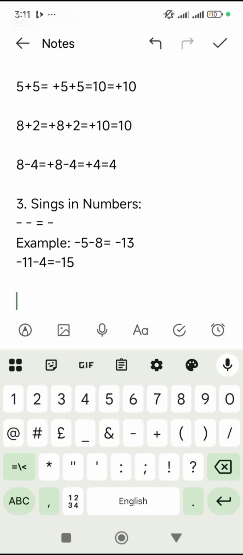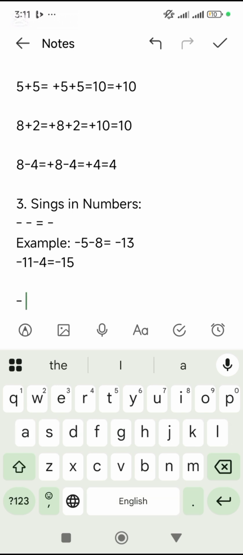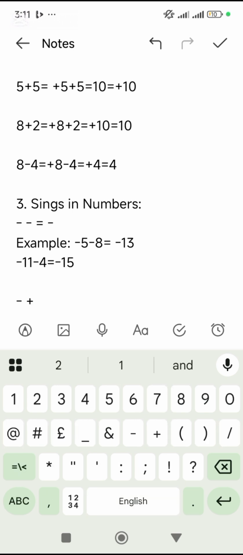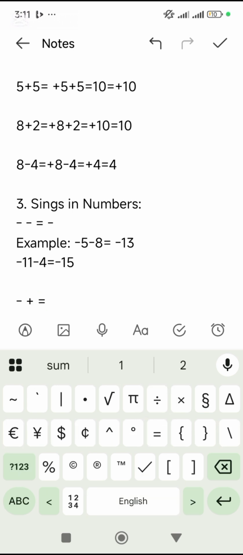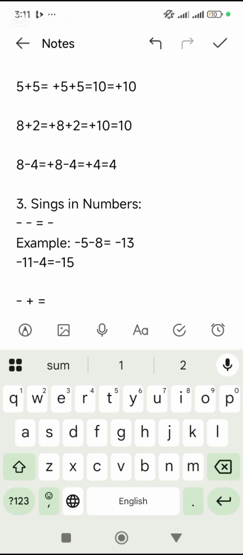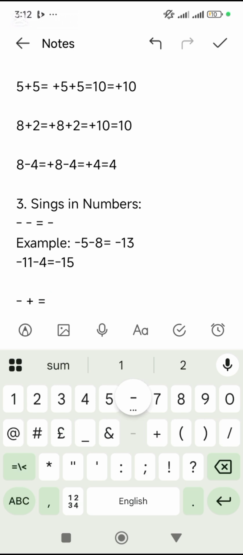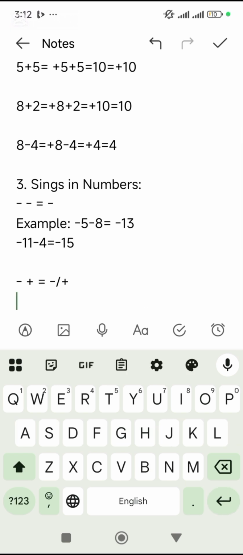Another example, say you have minus plus. Minus plus can be a minus or can be a plus. Let's see.